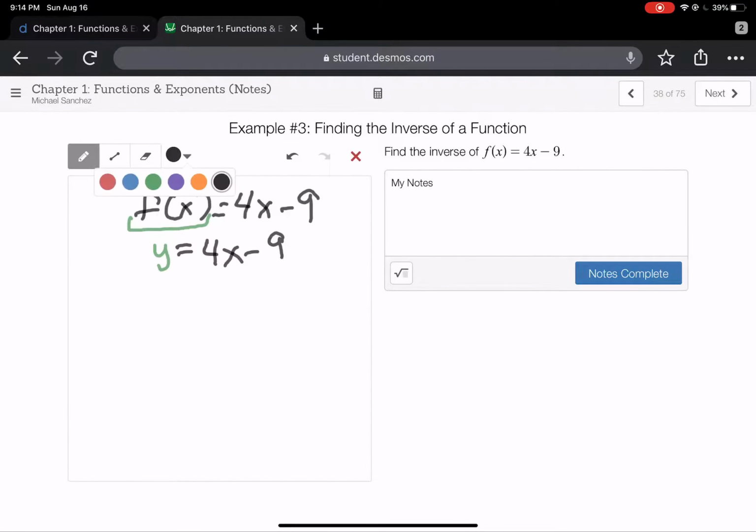I'm going to switch that x with that y, just switch their places. So now I'm going to have x is equal to 4y minus 9. Okay, so I just switched places with the x and the y.